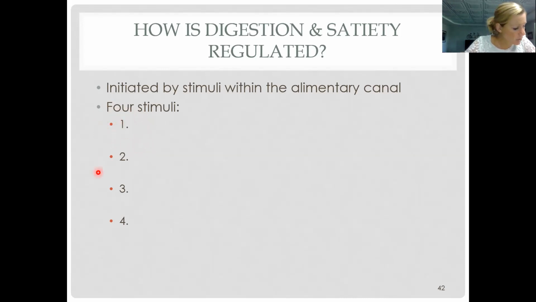Number 2 is osmolarity, or total solute concentration. So, looking at the consistency of a fluid, for example. I'm big into smoothies lately. I'll make a smoothie with banana and peanut butter and maybe some coffee and a little bit of honey and some ice, and it's just perfect.